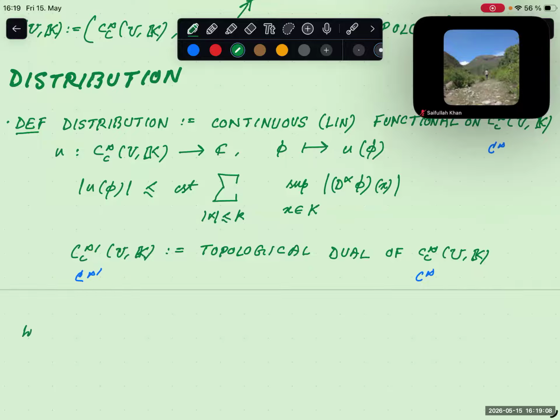So now we use D dash U. That means we have the topological dual of this space and the topology.